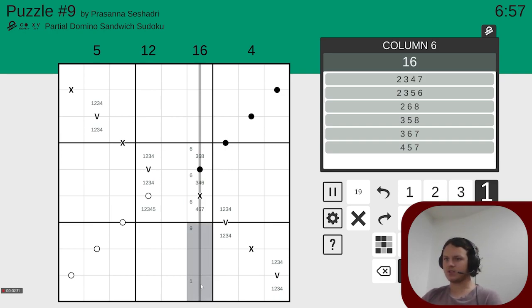You have to have at least 3 digits in between the 1 and the 9, which means at least one of these digits has to be included. So one of the 1 or the 9 has to be on the top side, and one has to be on the bottom side, because there's no other way you can get 3 digits in between 1 and 9 here. Which means there has to be a 6 in it. So all these ones without a 6 can go.